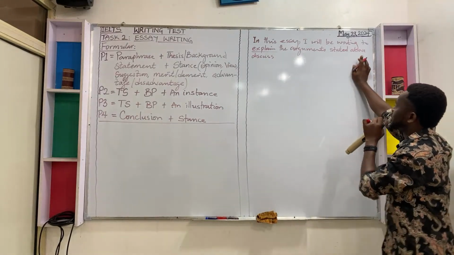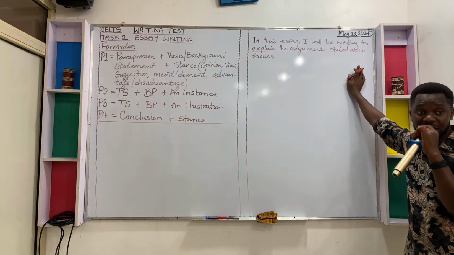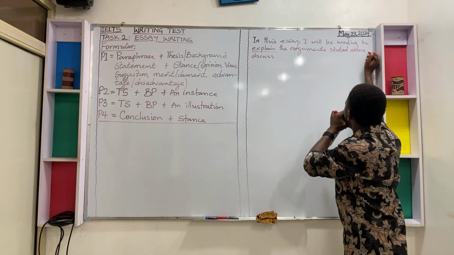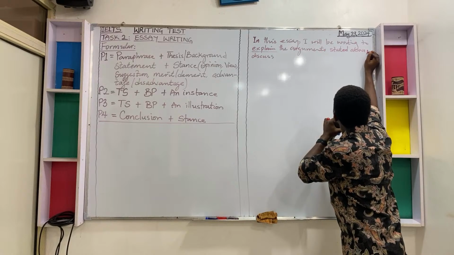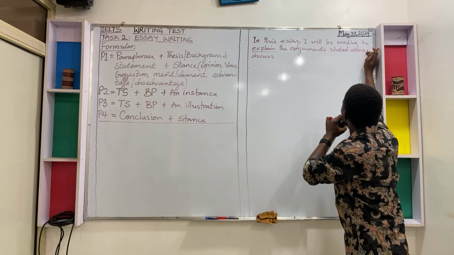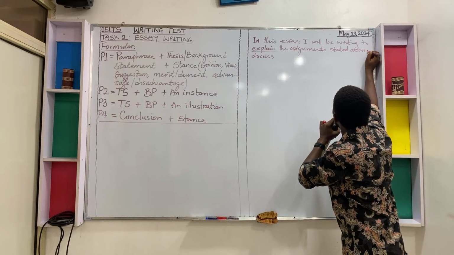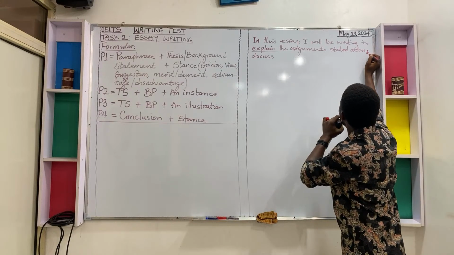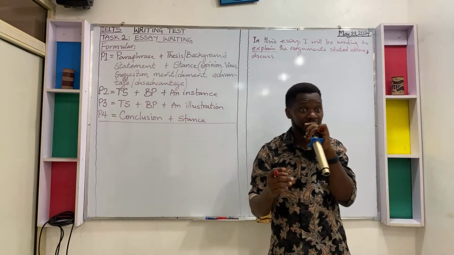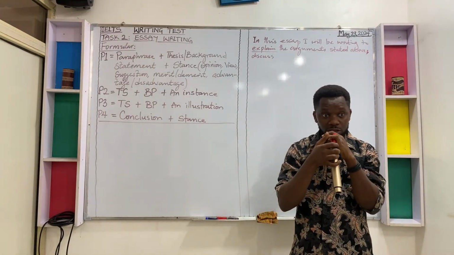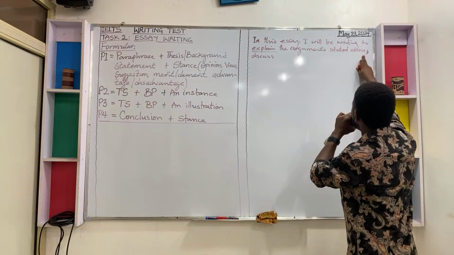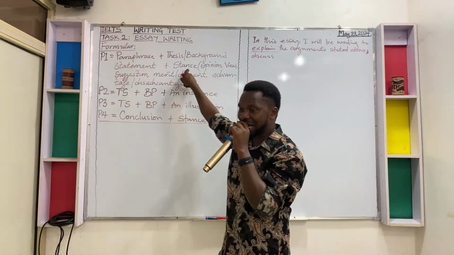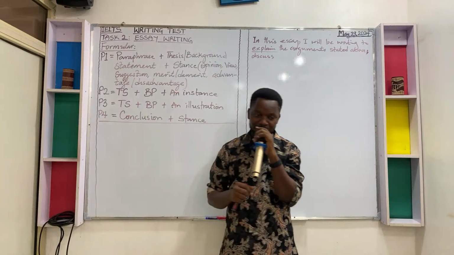Now, look at this point. This is where the thesis background statement ends. You should consider using a semicolon to end your thesis background statement. Not a full stop, not a comma. Now the reason for this is so you can bring in your stance, that opinion you drafted on your question paper.